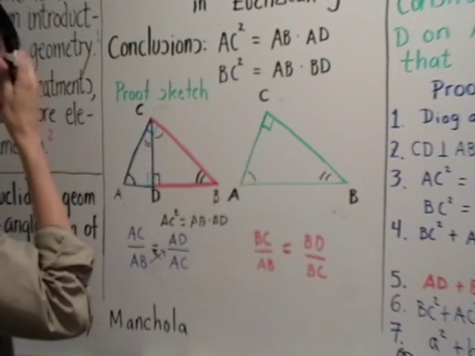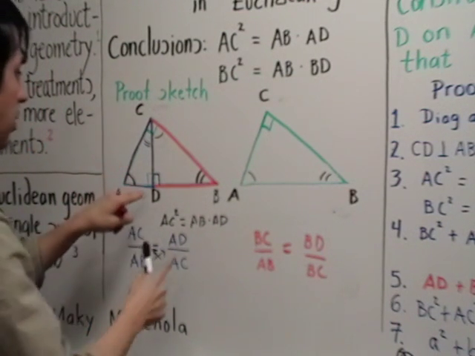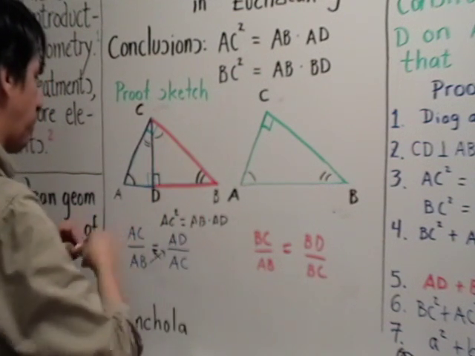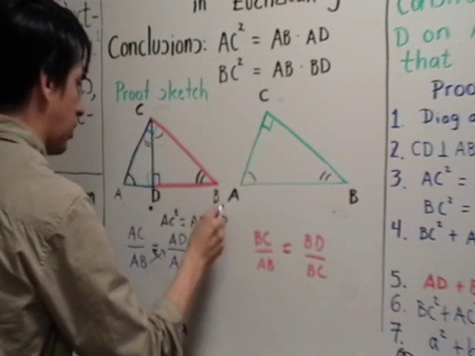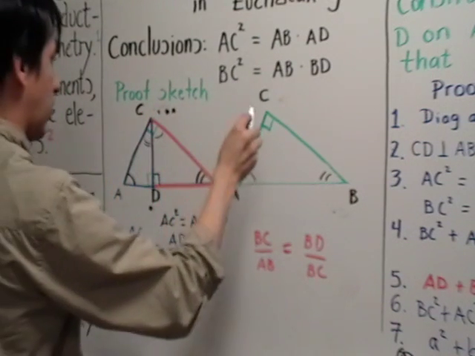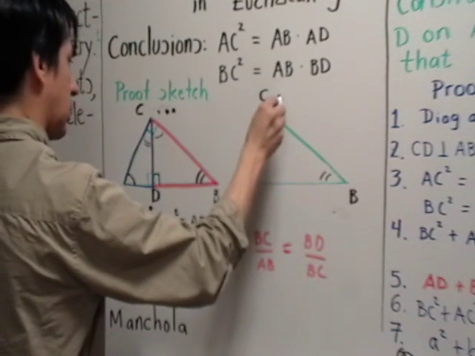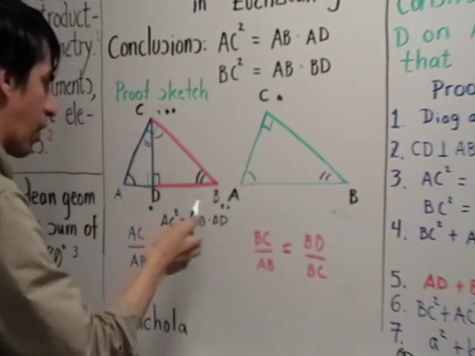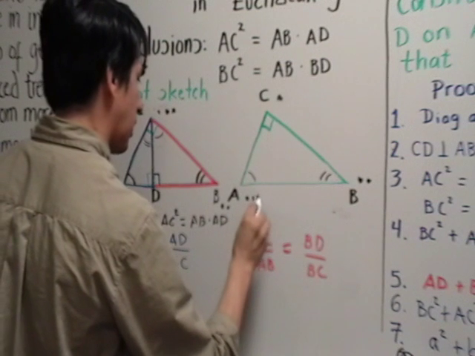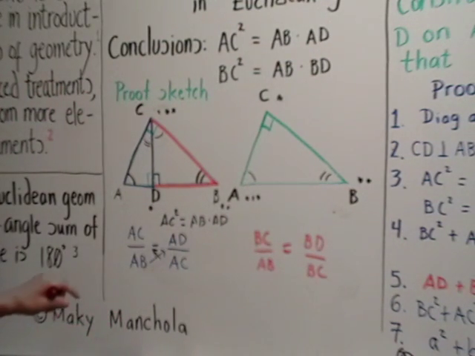So we get triangles DBC and CBA are similar. So what do you get from that?